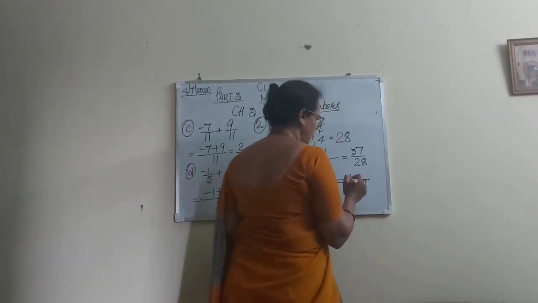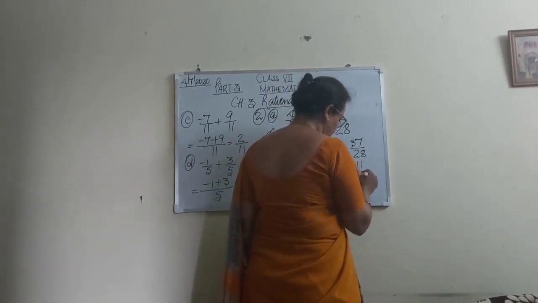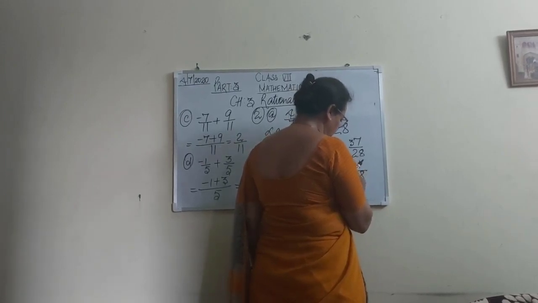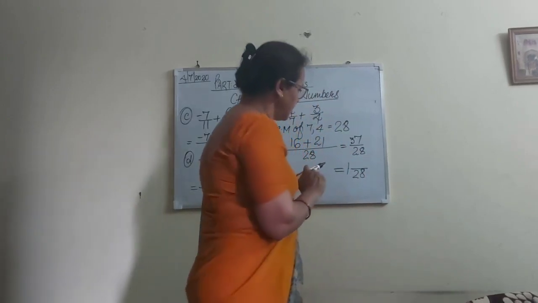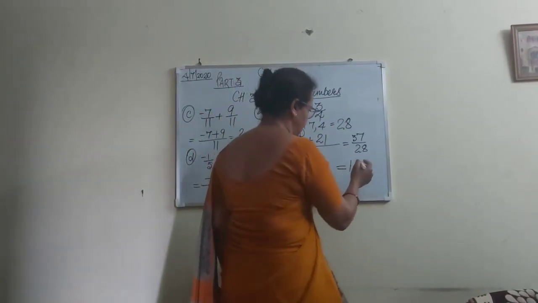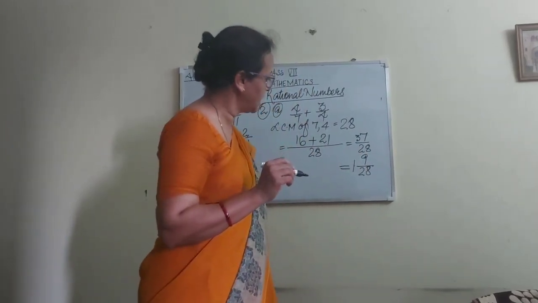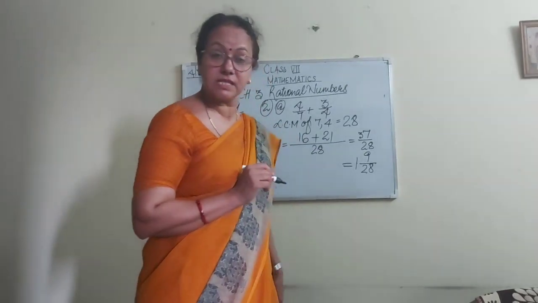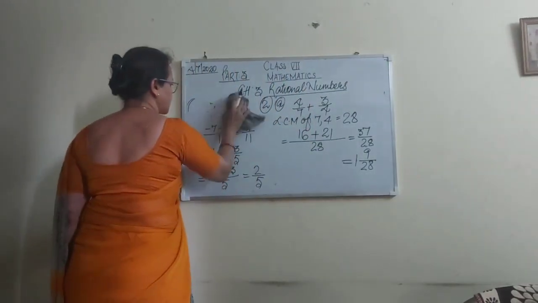What will be remaining? 28 ones are 28 plus 9. This will be 1, 9 by 28. Clear? 28 plus 9 is 37. That's right. Now I am going to do the next part.